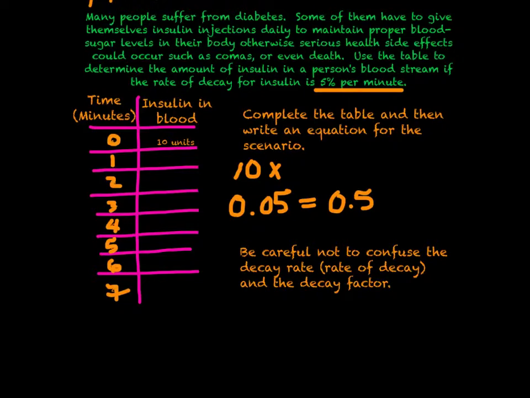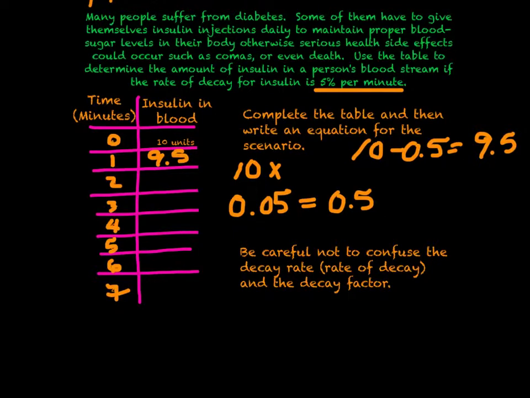I need to actually subtract 0.5 from 10. And if I do that, I end up with 9.5 units. So I still have 9.5 units of active insulin in my bloodstream, meaning that I have 9.5 units that's still working. From there, I need to figure out what 5% of 9.5 is and subtract that from 9.5.